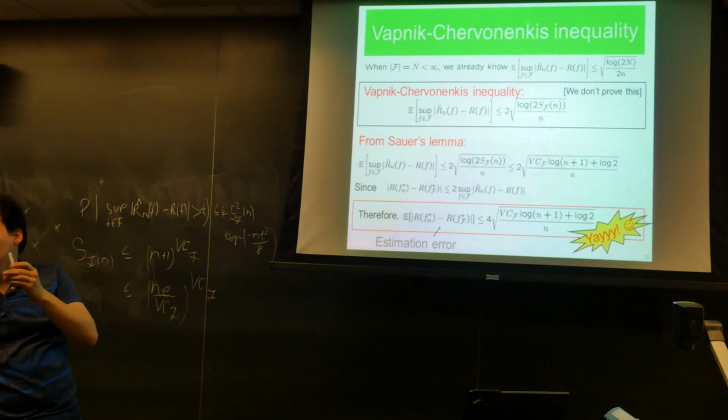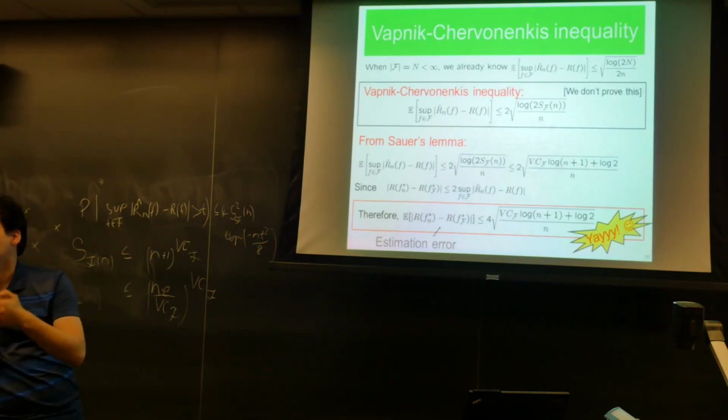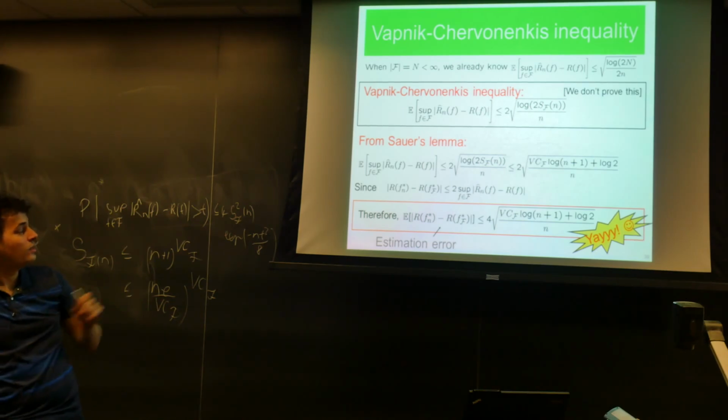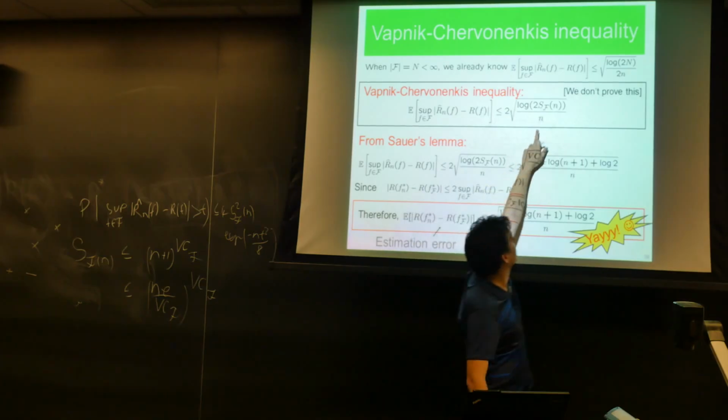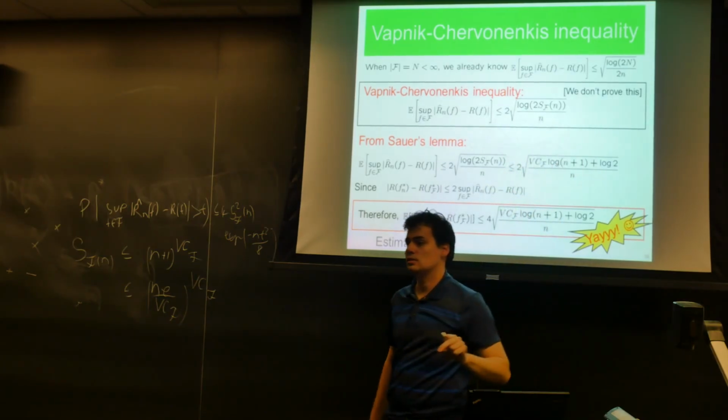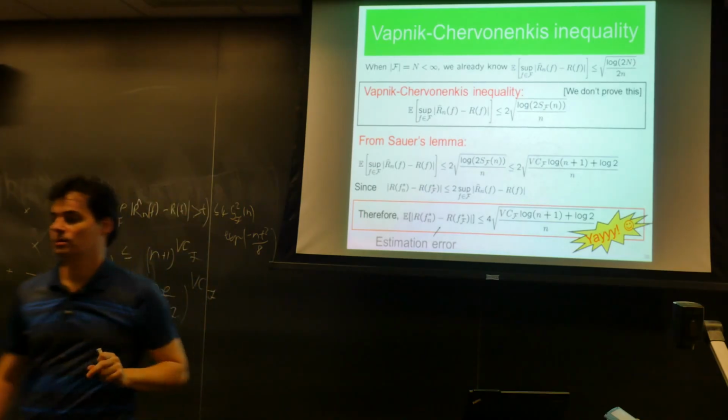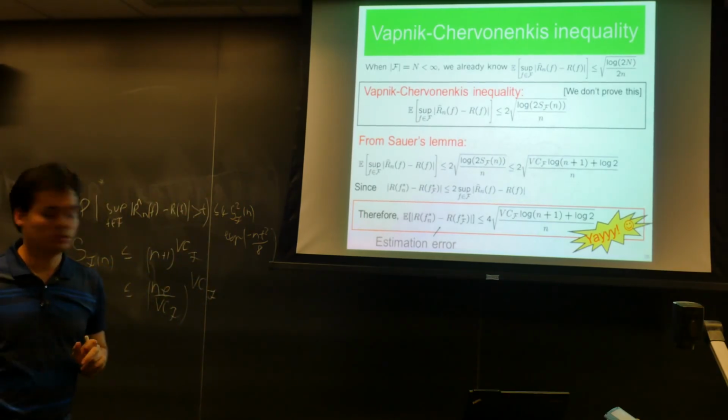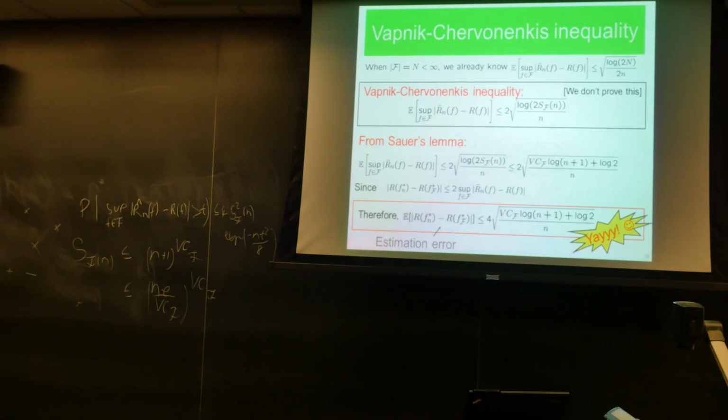But what if your function class has infinite elements? Doesn't matter because you have n points. Right, but that's the lowercase n. The capital N is the number of functions. Yeah, but the number of different classifiers you have from F on n points. The number of different classifiers can be 2 to the n, right? No, S_F(n). The number of classifiers is still infinite.